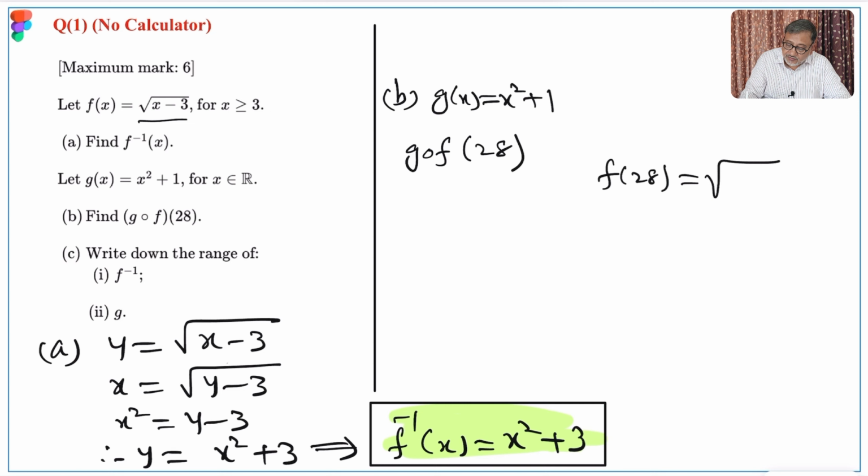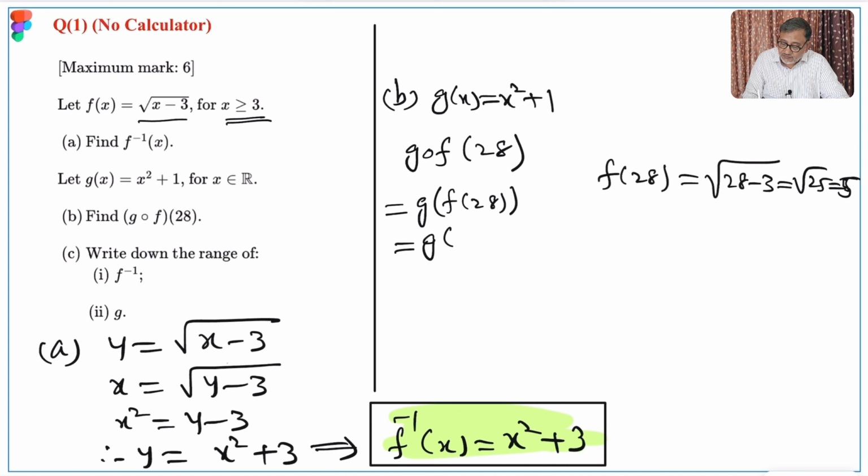So square root of 28 minus 3. It is 25. Root of 25 will be 5. It will not be plus minus because it is already said x should be greater than or equal to 3, so it cannot be negative 5. So it is 5. I will replace that in place of f of 28. Now g of 5. I will put 5 in g and get the answer. So 5 square plus 1, 25 plus 1, 26. So this is the answer for this part.